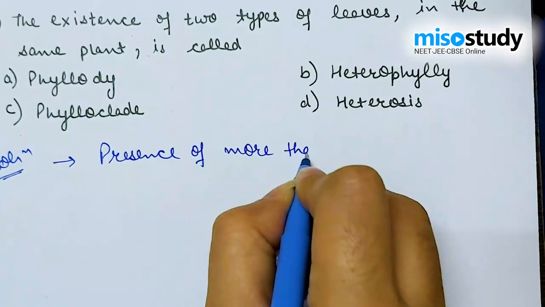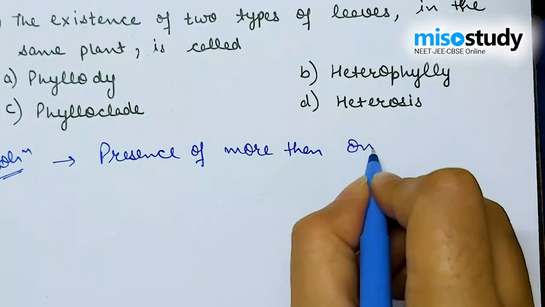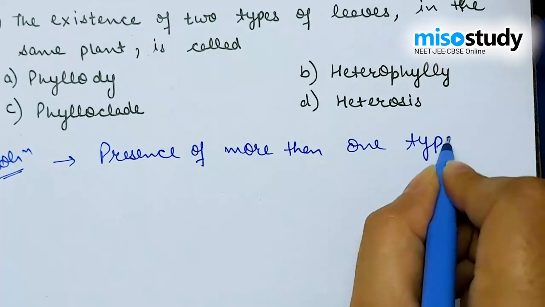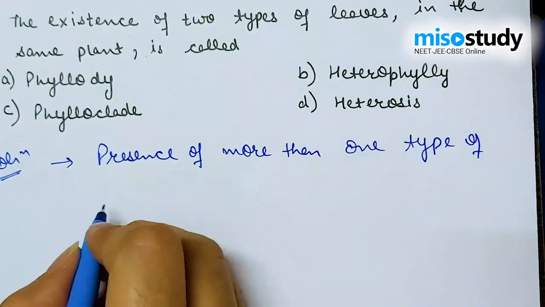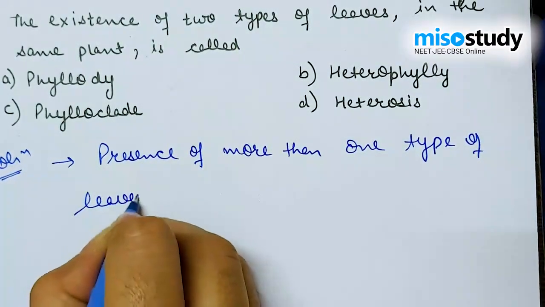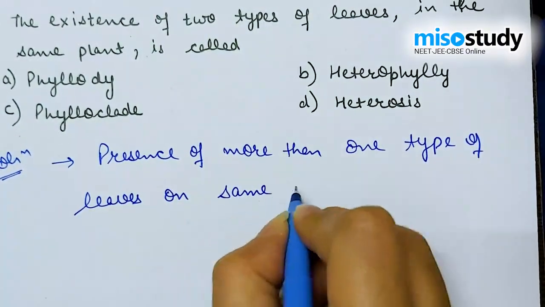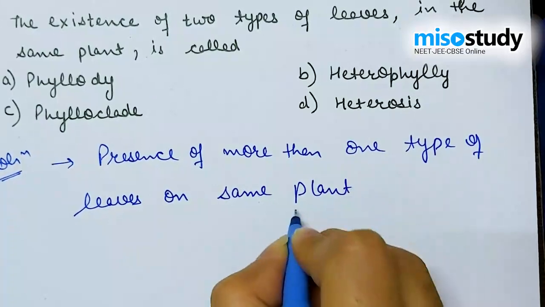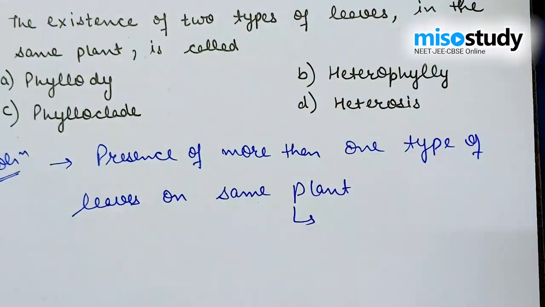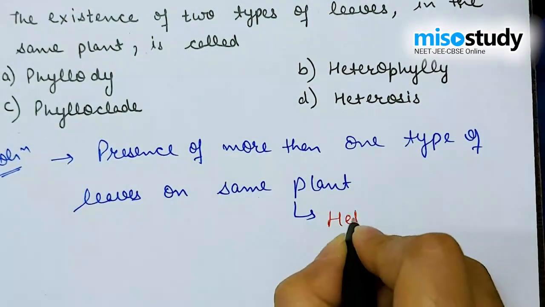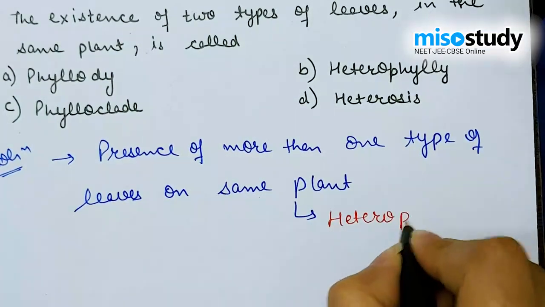The presence of more than one type of leaves on the same plant is known as heterophylly.